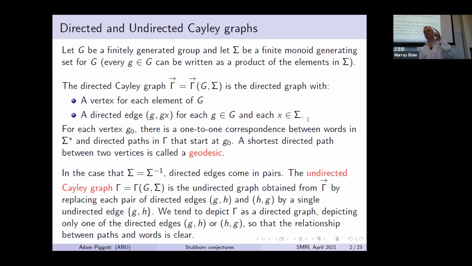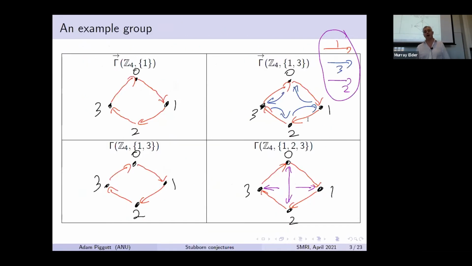But we still tend to draw a directed graph, because if we want to understand how paths correspond to spelling group elements using the generators, then we still need to know which direction corresponds to traveling in the positive X direction, and which direction corresponds to going in the direction X inverse.